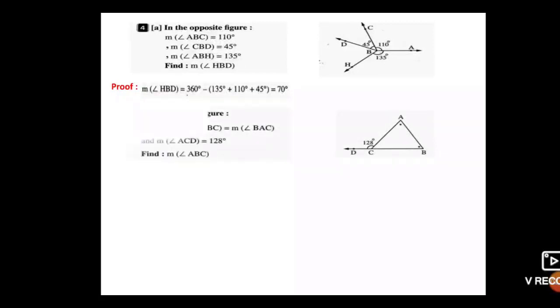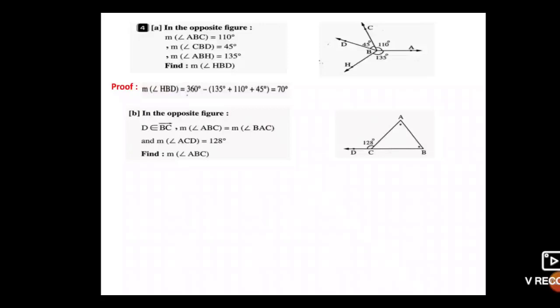Next question. You have triangle ABC. Find the measure of angle ABC. Angle ACD is called the exterior angle of the triangle. You know the measure of the exterior angle of a triangle equals the sum of the two non-adjacent angles.